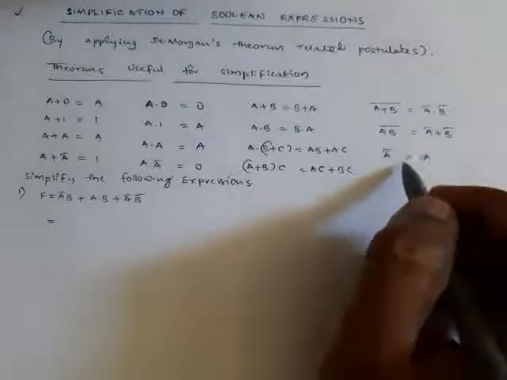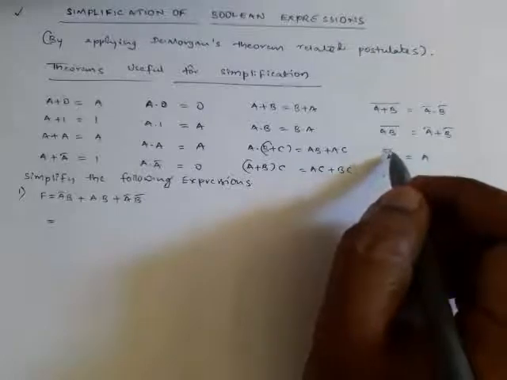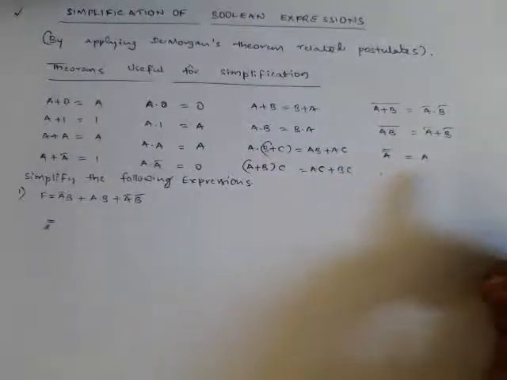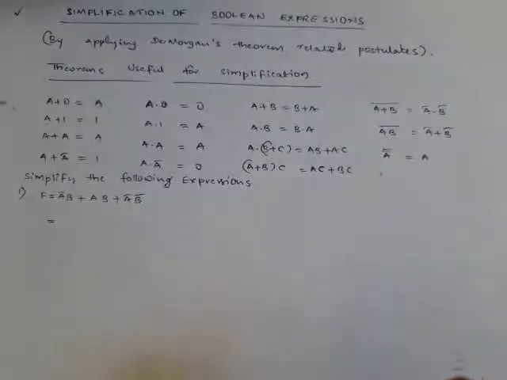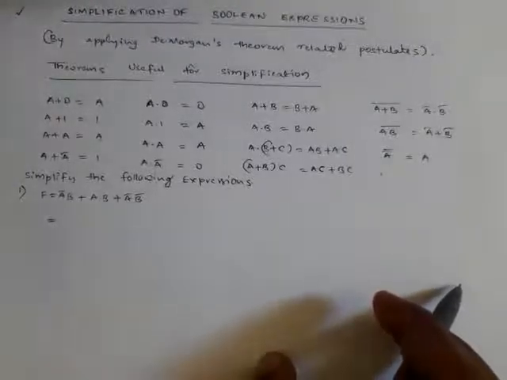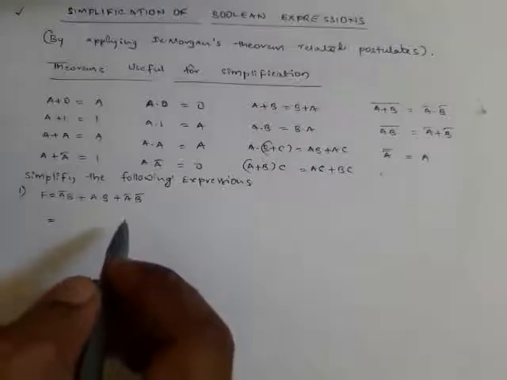That means when a complement is applied twice to any single variable, it results in the same variable. So these are the basic theorems and postulates that we'll be using in simplifying various expressions.